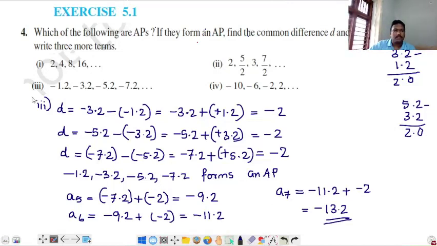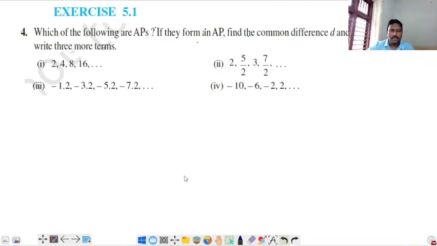Question number 4: we can check whether it forms an AP or not. So d is equal to the second term minus the first term. The second term is −6, minus −10.